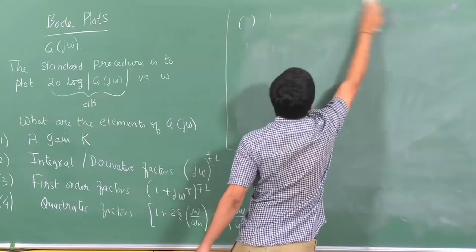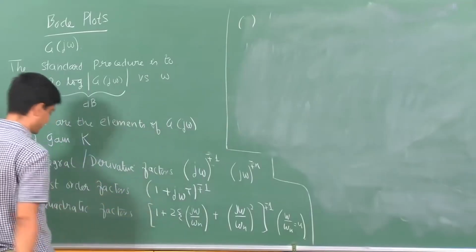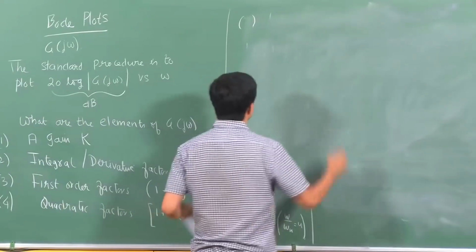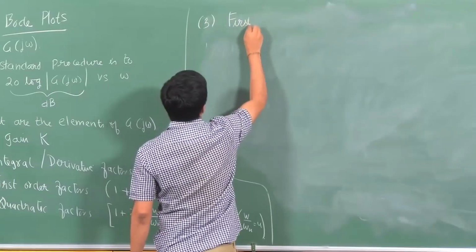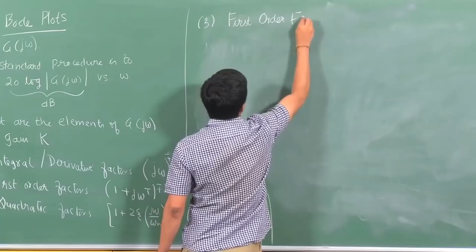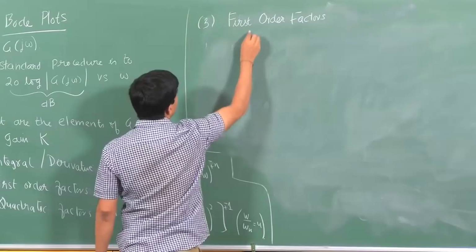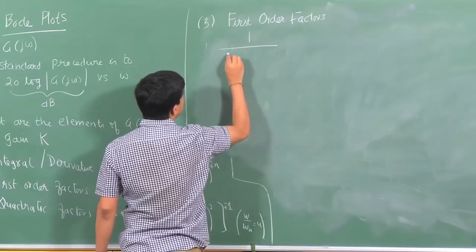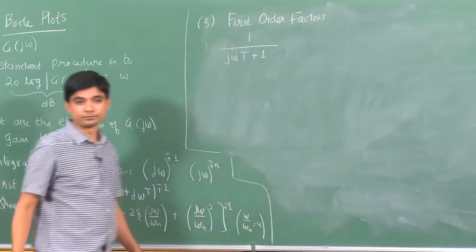Okay, we will see now not these things, but what was the third kind of thing? That kind of thing was first order factors. First order factors are like this, j omega T plus 1.